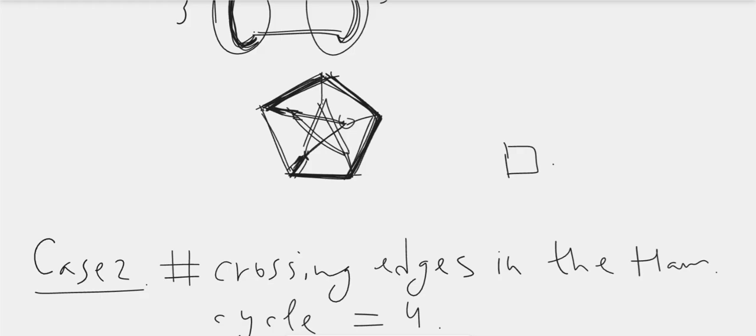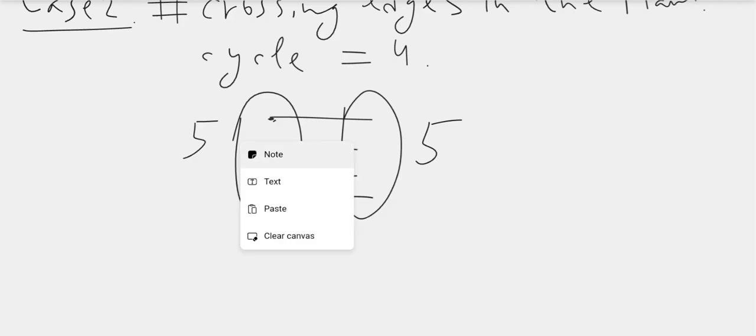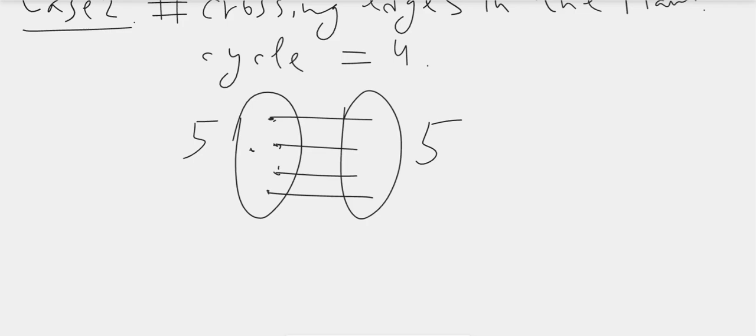There is no situation where 2 crossing edges come to the same internal vertex or the same external vertex. So all these 4 vertices must be different, but in total there are 5 vertices in each set, right? So there is only one remaining vertex that is not connected to a crossing edge. So one here and one here.